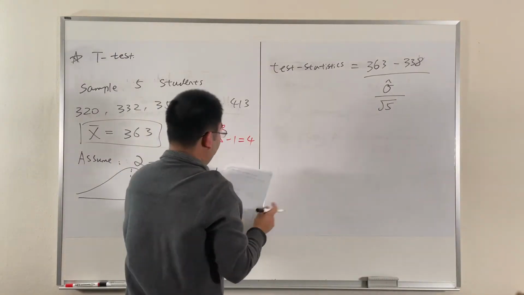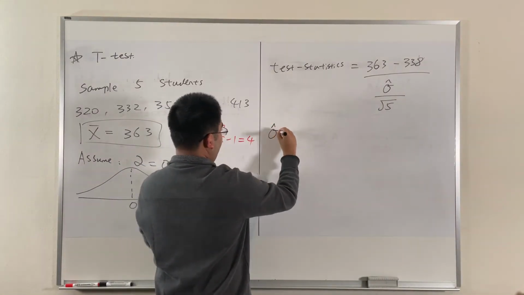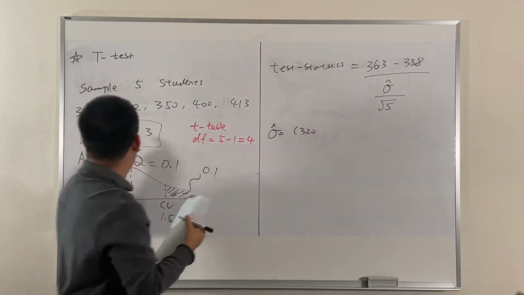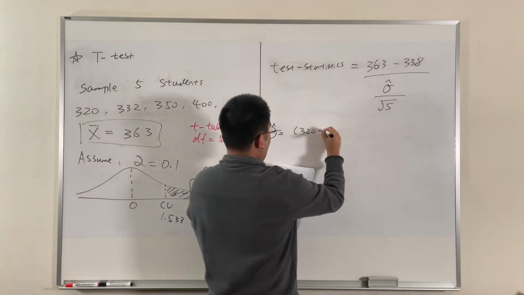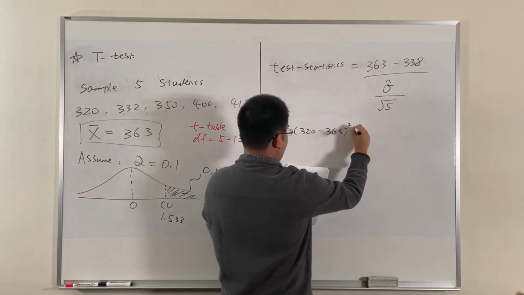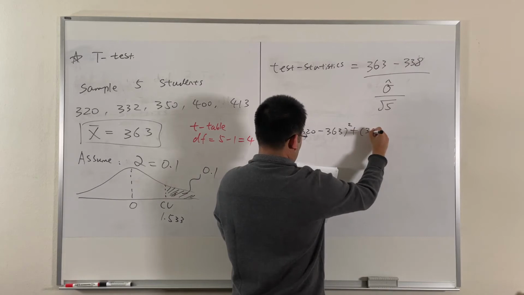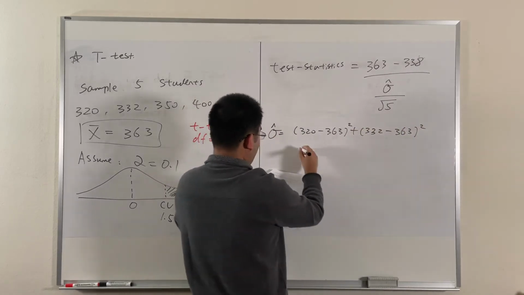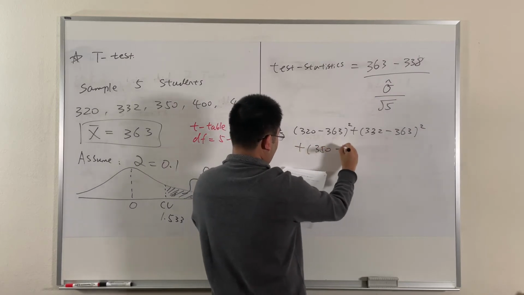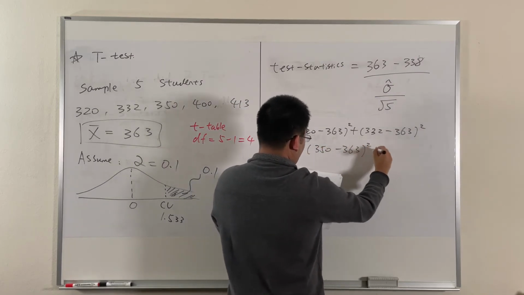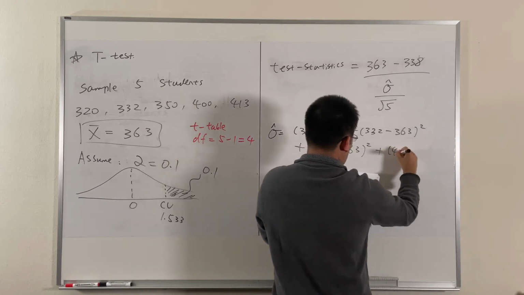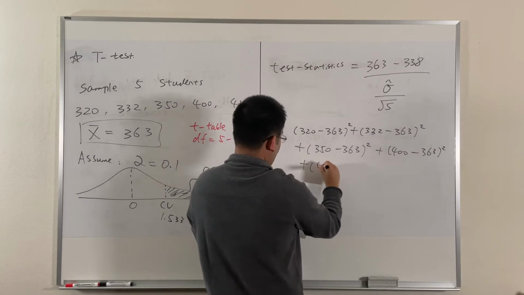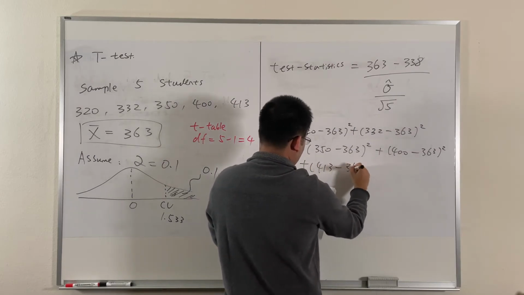So just following the formula, sigma hat equals 320, the first value, subtract the mean squared, plus 332 minus 363 squared. Okay, then continue. 350 minus 363 squared plus 400 minus 363 squared plus 413 minus 363 squared, right?